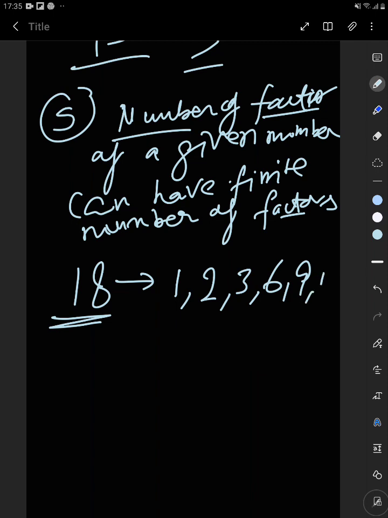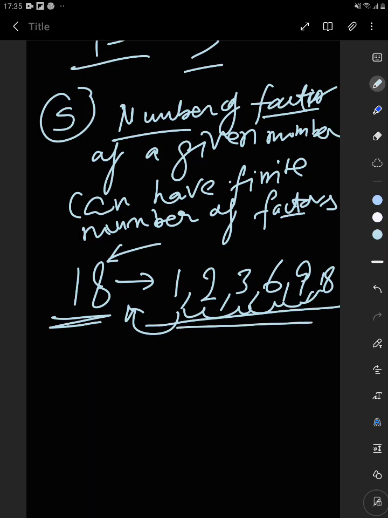These numbers can exactly divide 18 without any remainder. Total 6 factors are there.